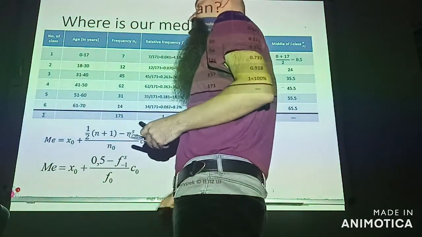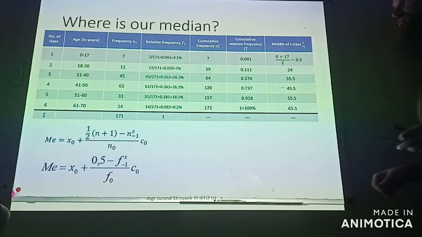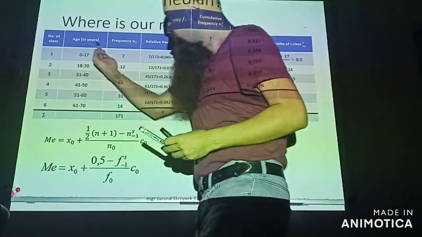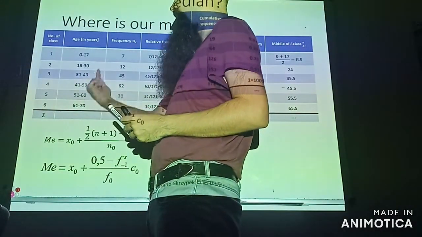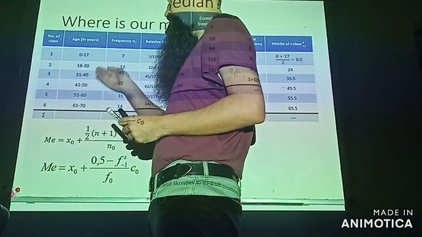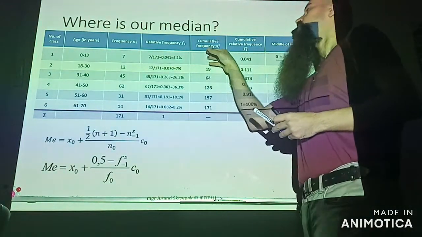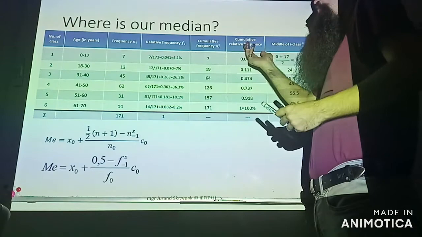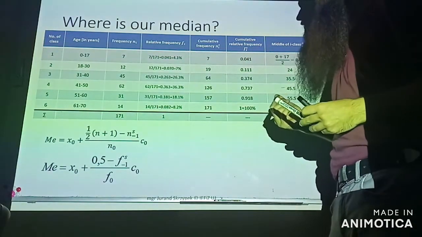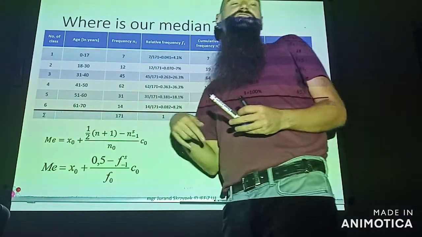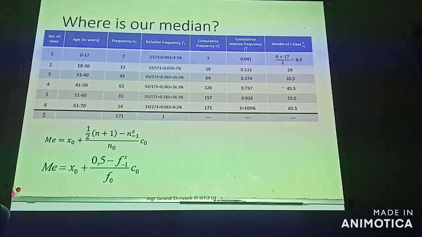We have 6 classes, and as we know, the middle value is somewhere between 0 and 70. On the basis of the information of cumulative frequency or cumulative relative frequency, we are able to find the appropriate class which contains the middle value, the median.